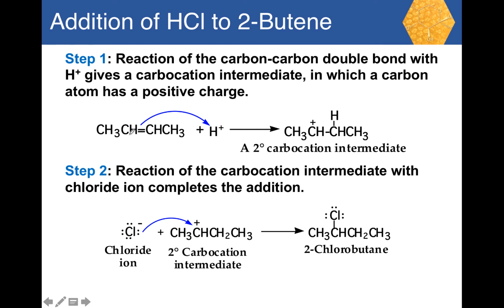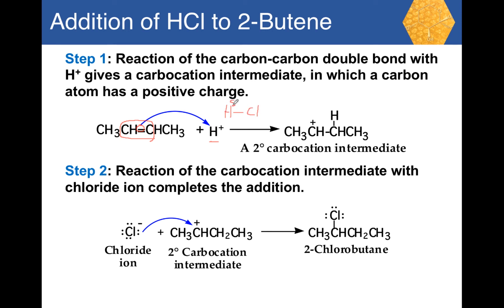Let us look at another example, another way of writing it. So this is our butene. Here's our double bond right here, two electrons, negative, and the acid, H plus from HCl.